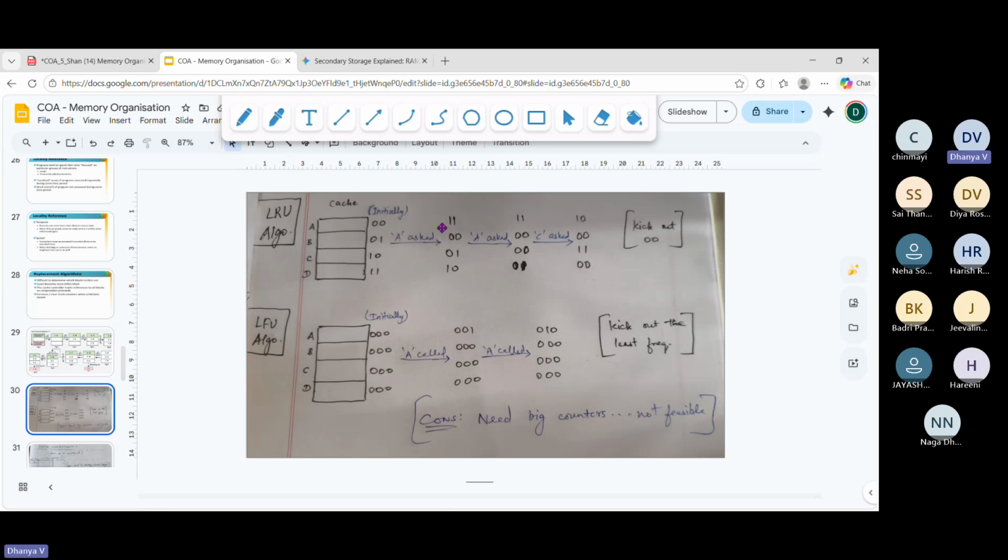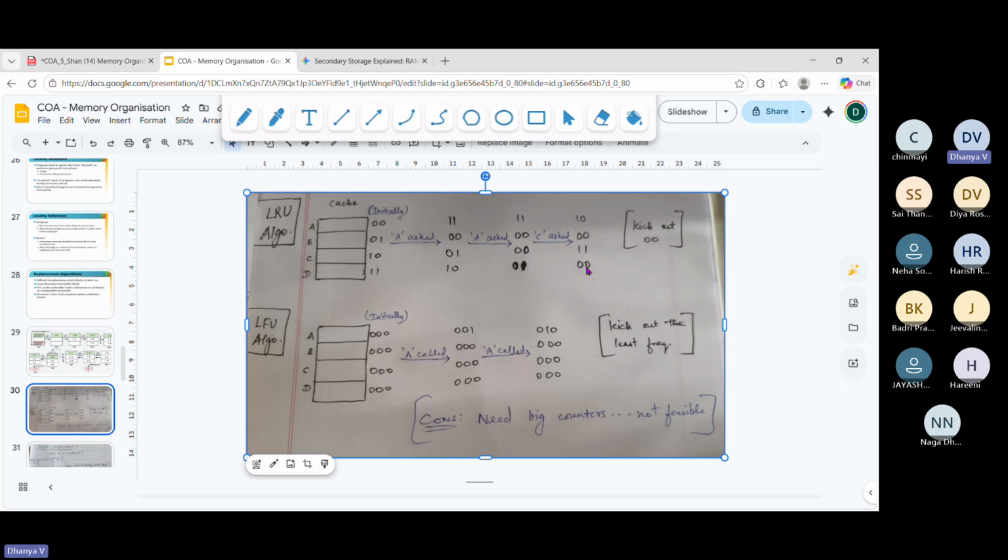Now again, if your A is called, it still remains 1, 1, but your other things get decremented, with normal binary decrementation. And then when your C is called, let's say it was 0, 0, that will now become 1, 1, and the others will get decremented. So what will you kick out?